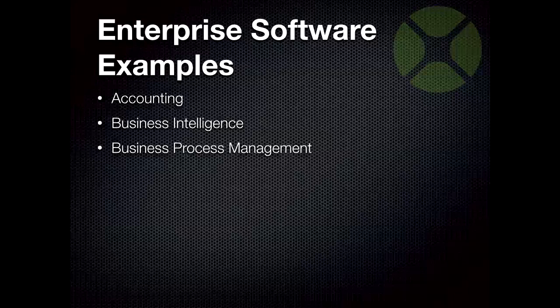Business process management, to track the flow of various processes that the business has to do to get their work done, their job done, or whatever it is they actually do. And a lot of these are very generic terms because they encompass a lot of things, but again, the details of what they do are very specific to the actual business.